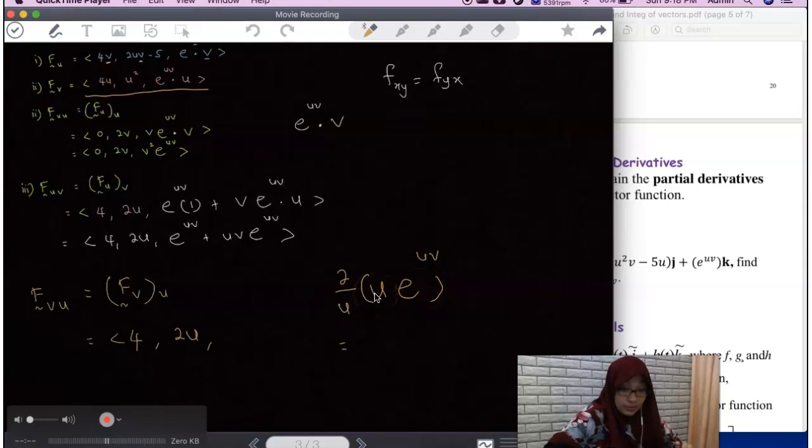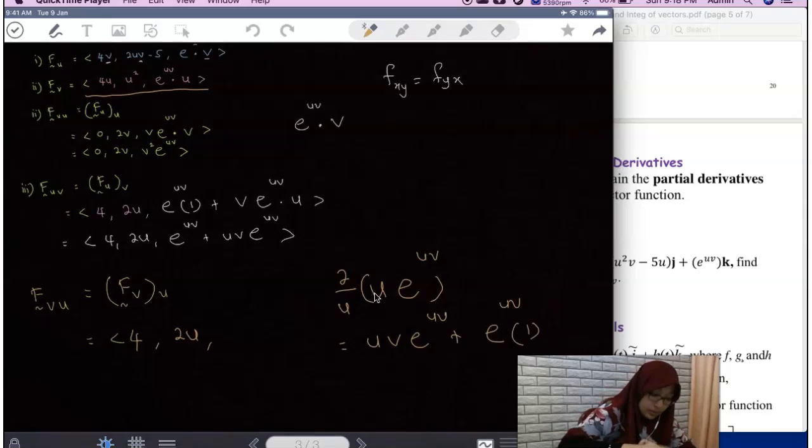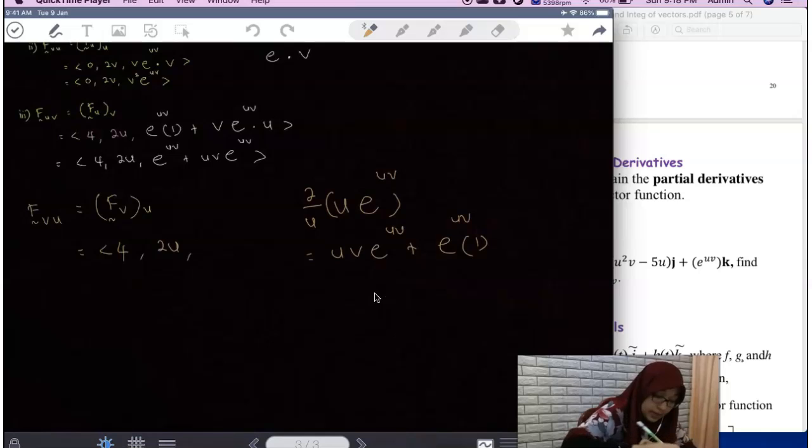So u is u, and differentiate e^(uv) with respect to u. So you got v e^(uv) plus e^(uv) times 1. So now you will get e^(uv) plus uv e^(uv).